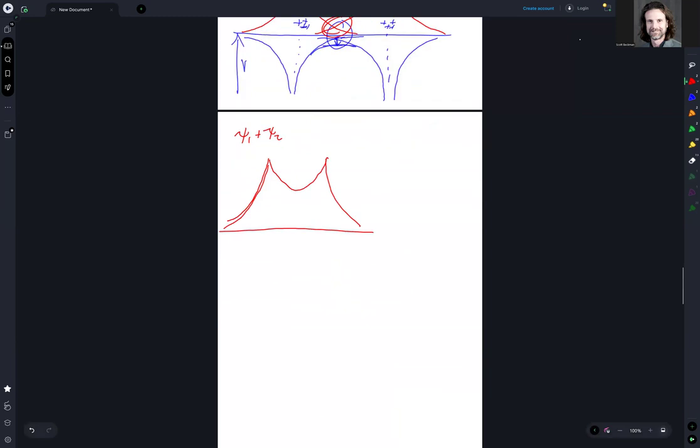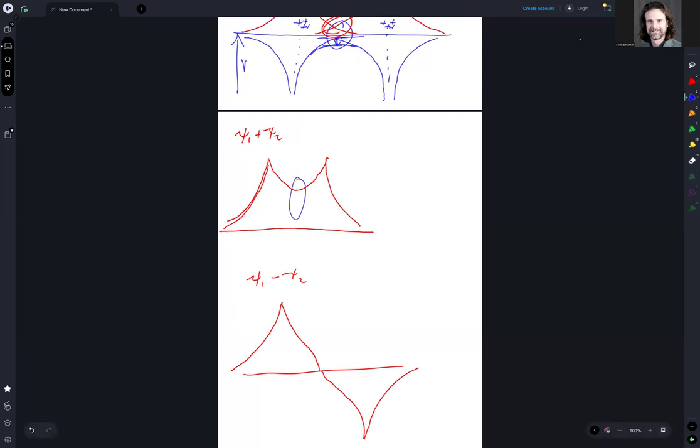Or you can get psi 1 minus psi 2, and you would get something that looks like this.